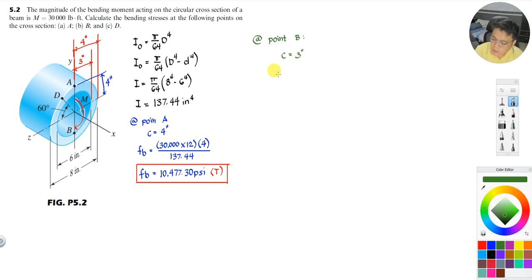So, we can now have the fb is equals to, again, 30,000 times 12, multiplied by 4, and then over 137.44.